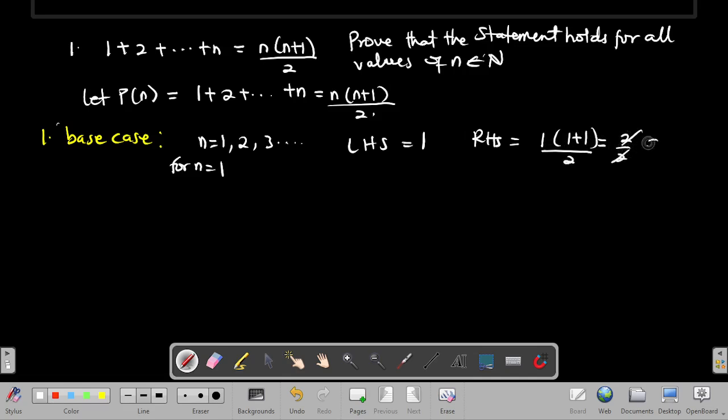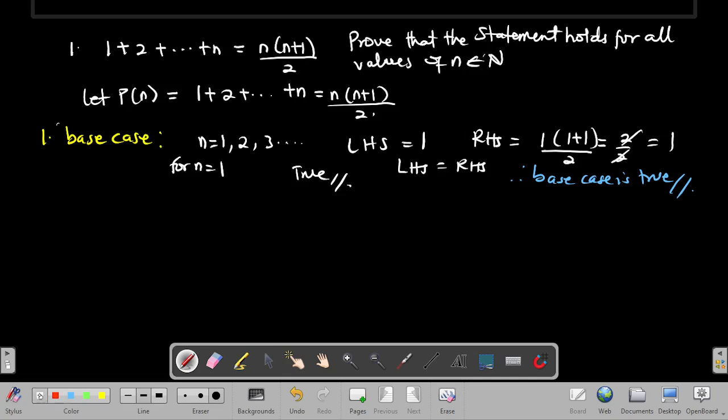That gives us what? 1. Therefore, LHS is equal to RHS. Therefore, our base case is true. As simple as that. We simply conclude that, therefore, the base case is true, and you are done proving. So you can go forward to test for other base cases.